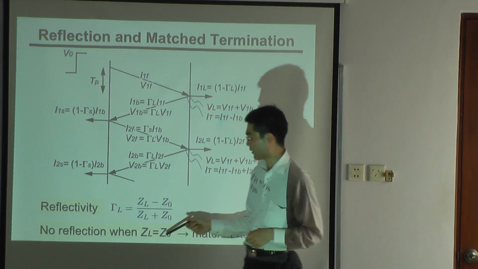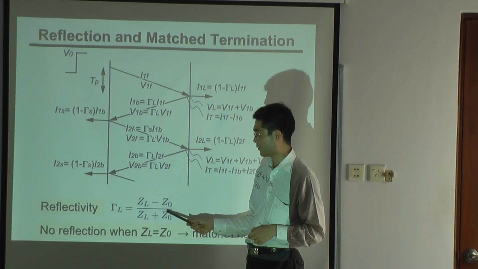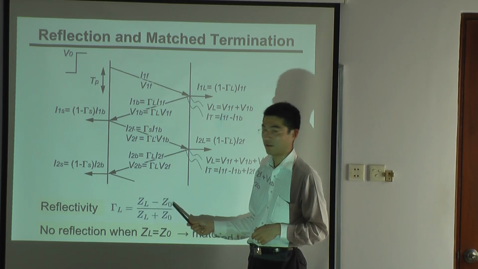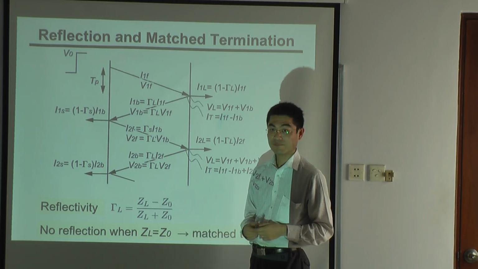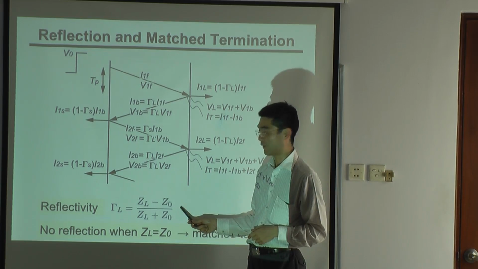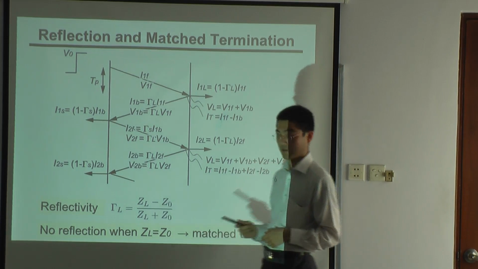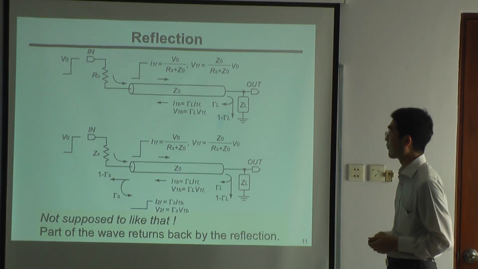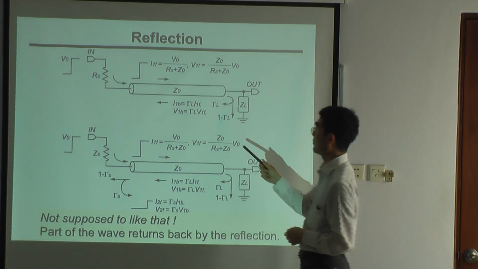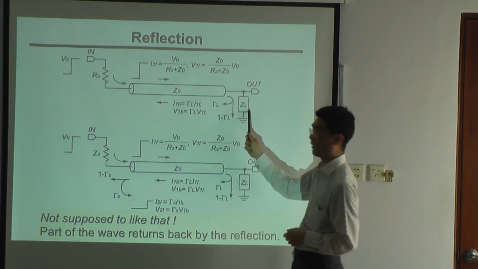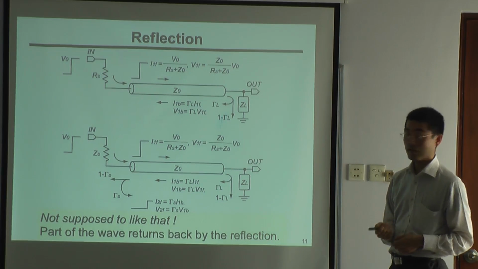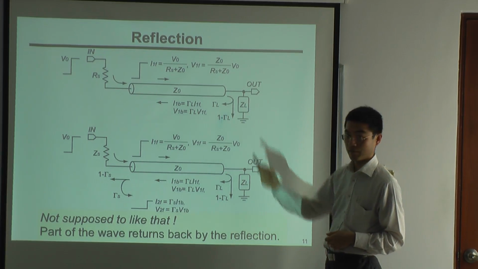Reflectivity is defined like dl plus d0 by dl minus d0. This is the reflectivity domain. So once you know d0 and dl, you can calculate the reflectivity gamma.